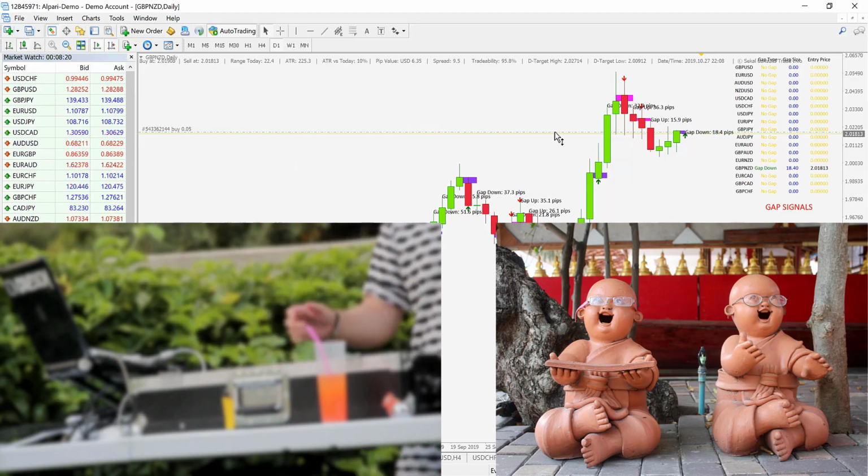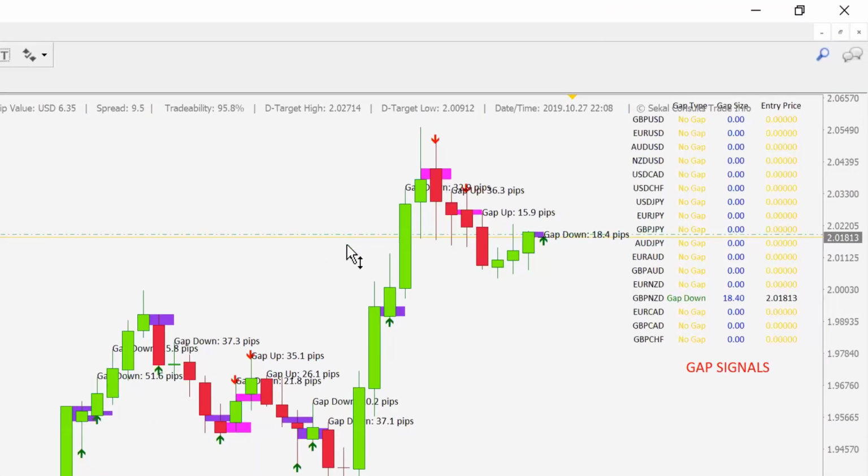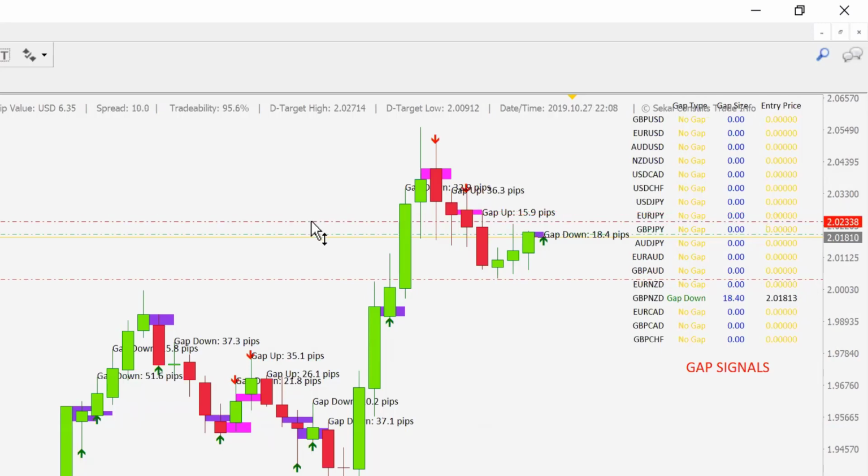Let me set my stop loss. You can see what I'm going to do now to set my stop loss. If you're manually trading this, I will use the last level of support for my stop loss, and then I'll just place a target. Normally, I'll just place it above the gap, but I might give it a bit more.